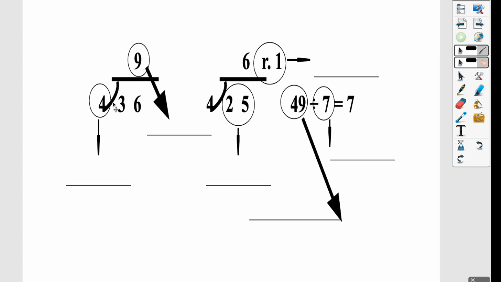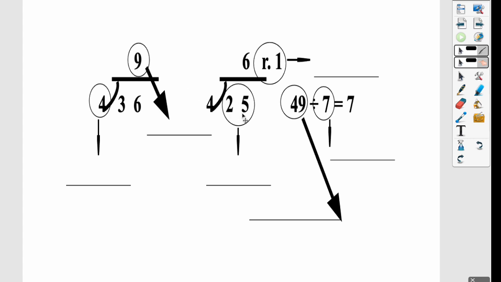Please excuse my computer formatting. I do know my division house does look a little silly, but for the sake of the lesson, I think that we can kind of understand and see what's going on here. So the way that we read this first problem is 36 divided by 4 equals 9.